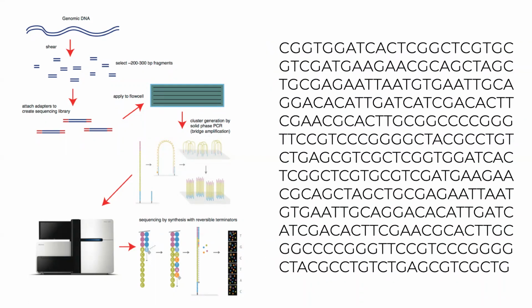Those are placed into the flow cell. The flow cell is inserted inside the sequencer. PCR amplification is performed to amplify the material inside the flow cell. And then the sequencer detects which nucleotides are at which position inside each read. And that is the process of creating digital data.